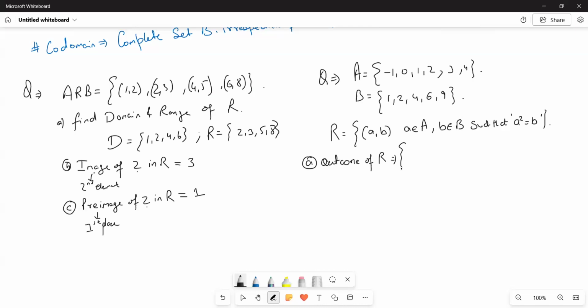Sir, -1, 1, 2, 4, 3, 9. Yes, sir. So A square is equal to B. The pairs that we have in this would be -1, 1, 1, 1, and then 2 will pair with 4, 3 will pair with 9. ठीक है ना?